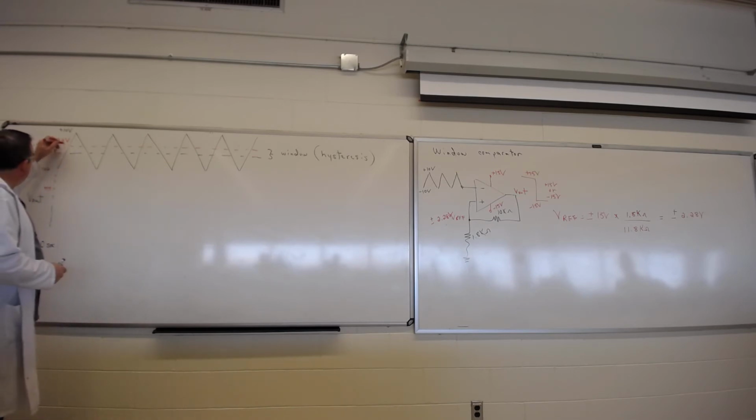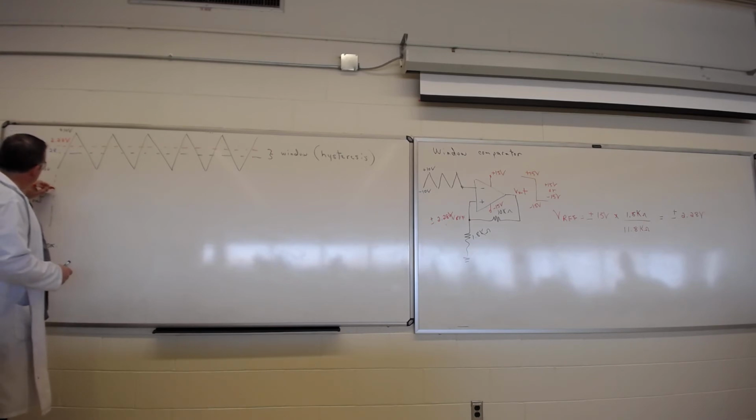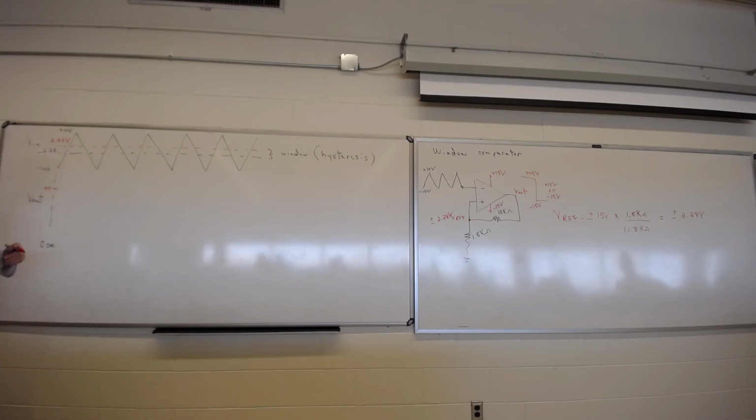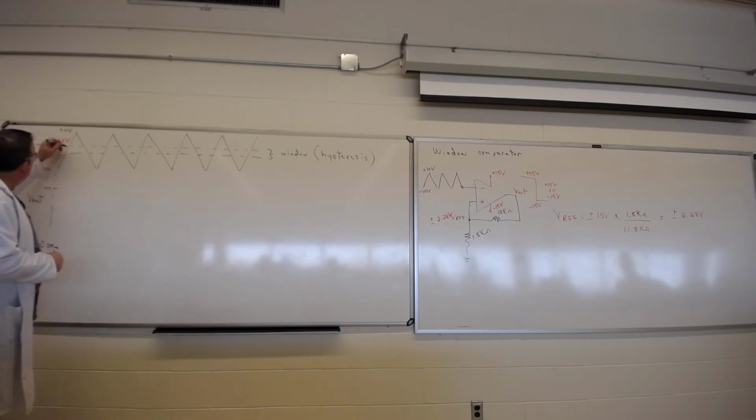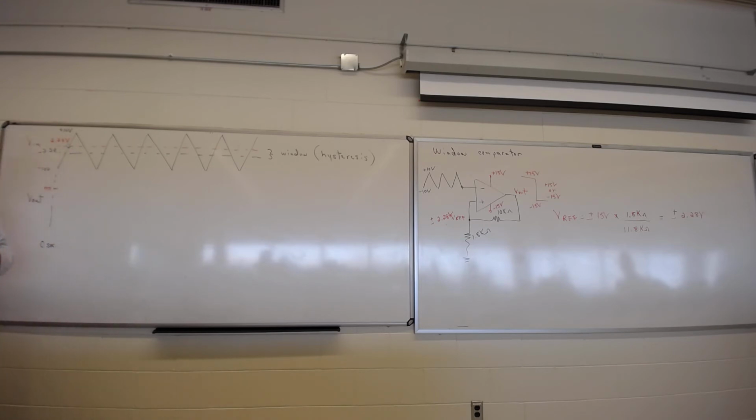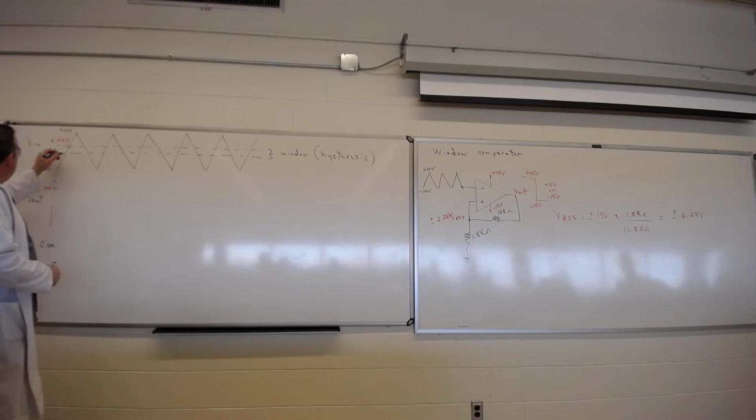So our voltage will start off at plus 15. Since we're starting off at plus 15, we know that our reference point available to us is going to be this one right over here. So the switching is going to occur.